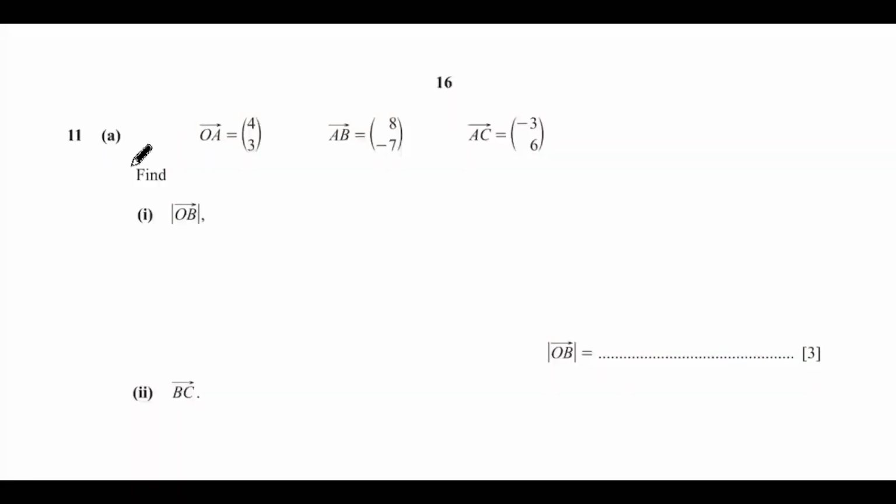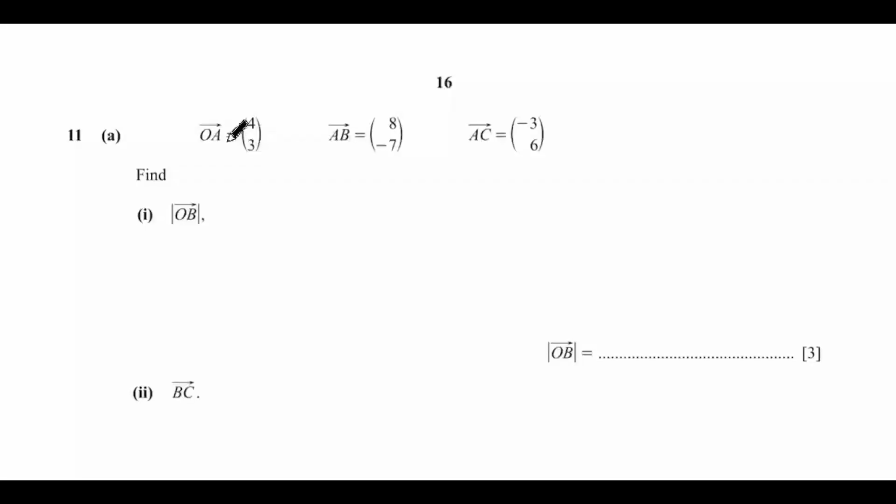Question 11A of paper 058041 May June 2018. We are given 3 vectors, and we are asked to find the modulus of vector OB. We can sketch this, which makes it easier.